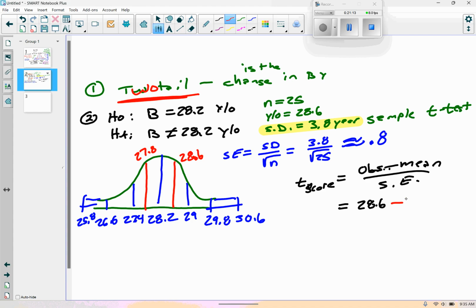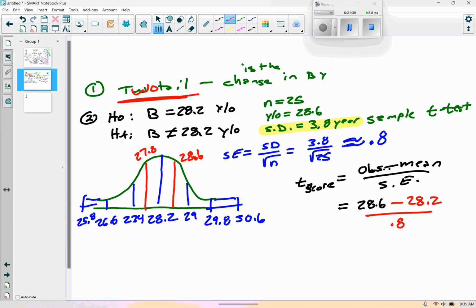So our observed minus our mean of 28.2 over our standard error, in this case 0.8, right? Uh-oh. Friends, scared, I don't have a calculator. Don't be scared, Stuart. You know where to find one.